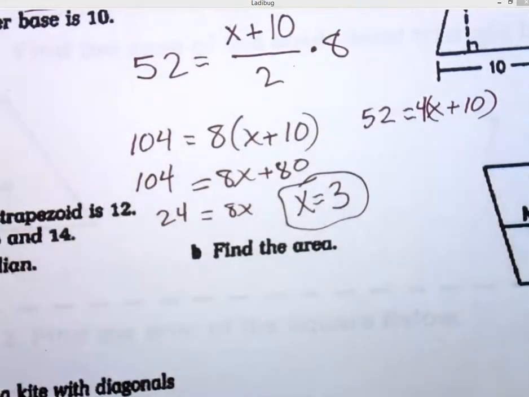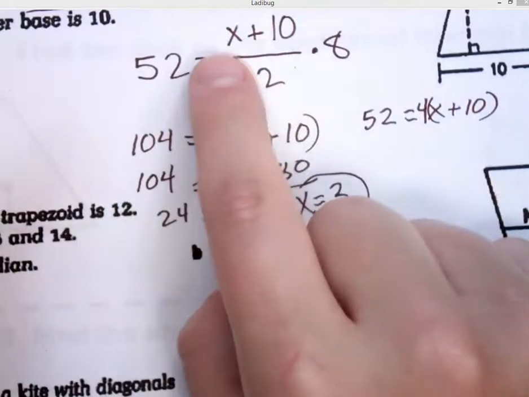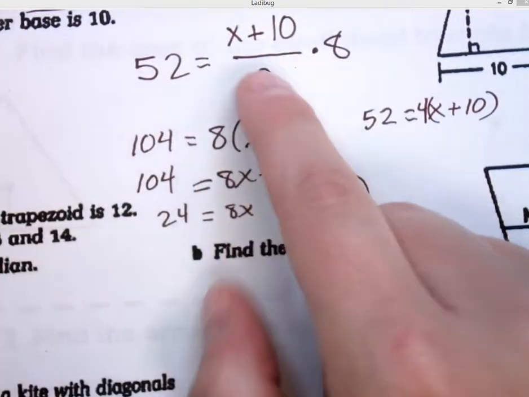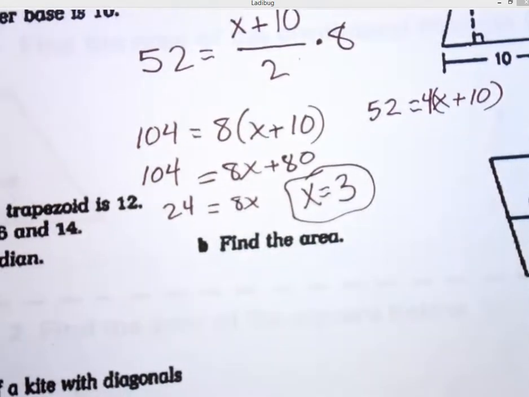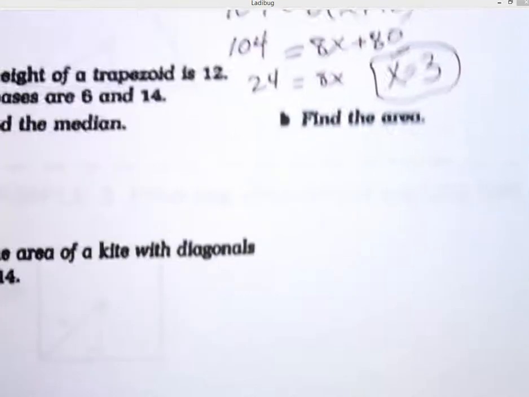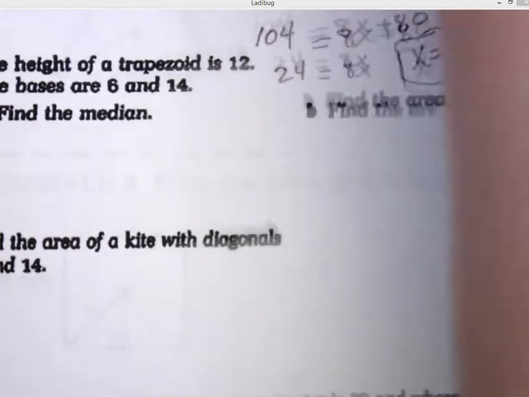You can't do that, because that means this is 1/2 x plus 5. If you're cutting the 10 in half, you have to cut the x in half because there's that addition symbol in between. So if you don't make that mistake, then you'll probably be fine with these. Just know what you can do as far as order of operations. There's a bunch of different ways to solve this. All right. So now we get to find the median.